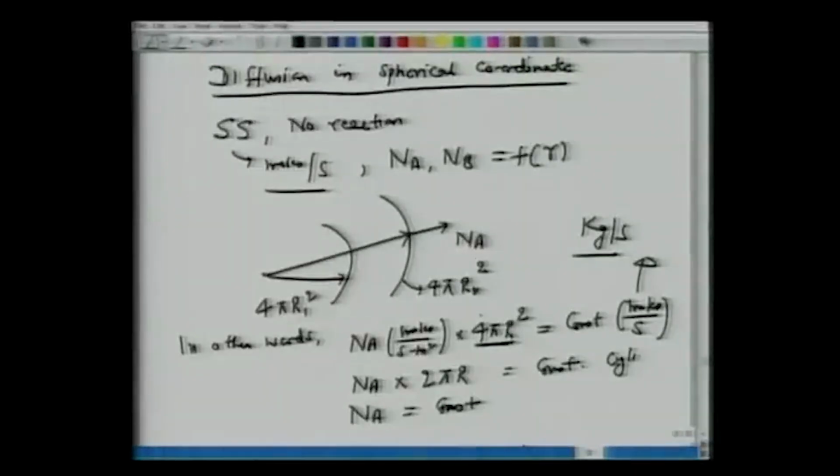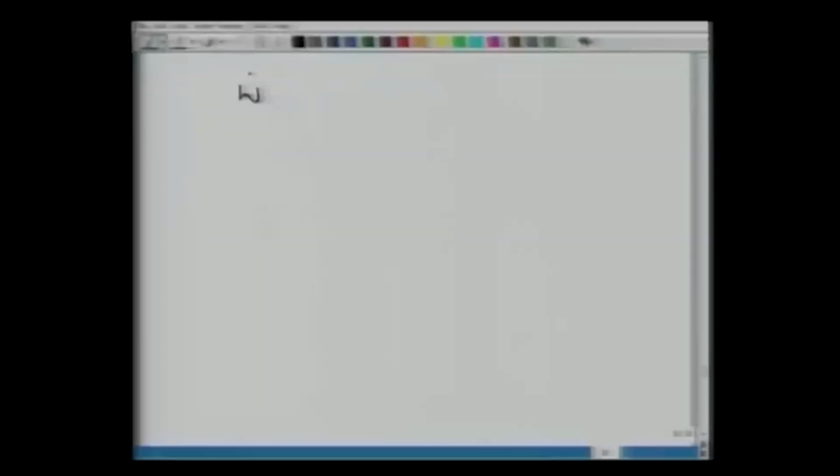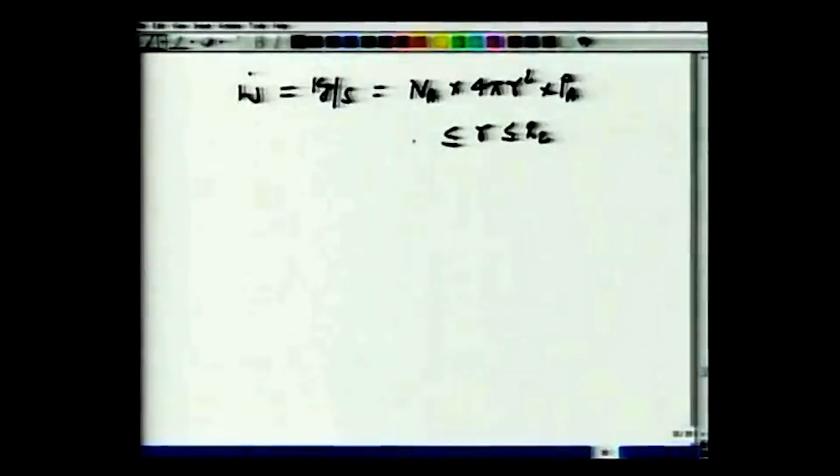Now we take similar expressions and substitute what we previously obtained for Na in terms of bulk transport and diffusion flux. So we say that Wa, if we define a quantity which is kg per second, is Na into 4 pi r square into rho a, where rho is the density and r varies between r1 and r2.